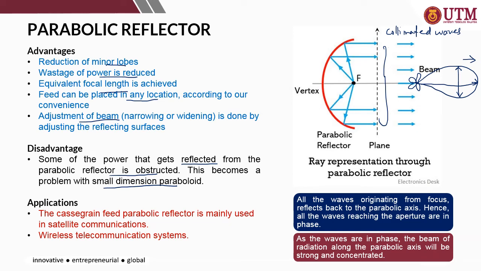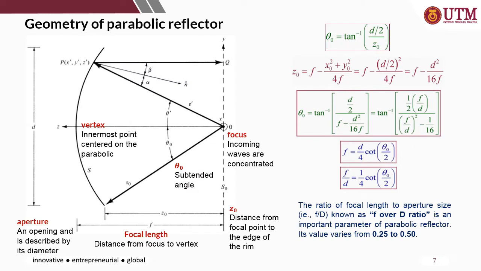Okay, examples of application of parabolic reflector are the Cassegrain feed parabolic for satellite communication and wireless communication systems as well. Okay, let's look at the geometry of the parabolic reflector. So you have the reflector surface, the parabolic reflector here, and you have the feeder, an antenna being fed here.